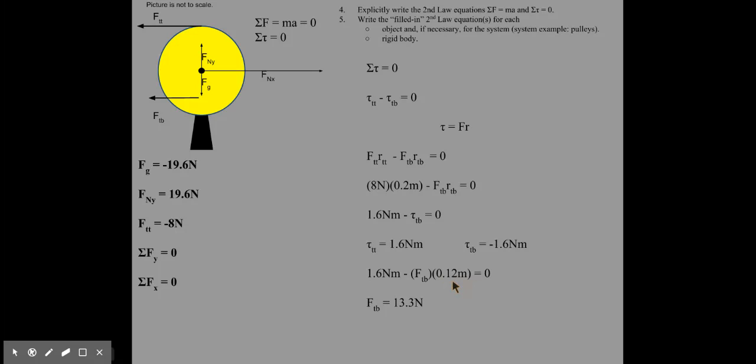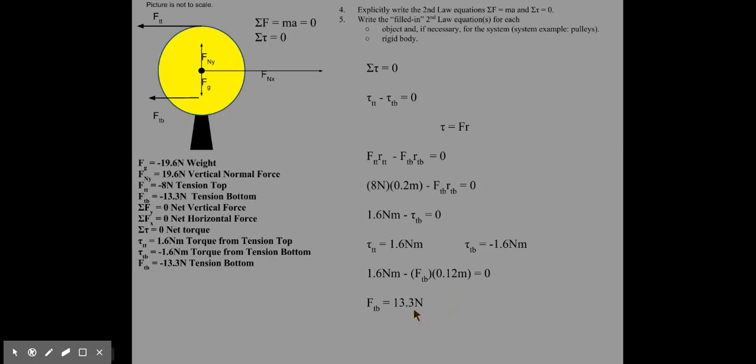We're told that this force of tension at the bottom is applied at a location 0.12 meters from the axis of rotation. So all we have to do is solve this equation for the force of tension at the bottom, and we get 13.3 newtons.